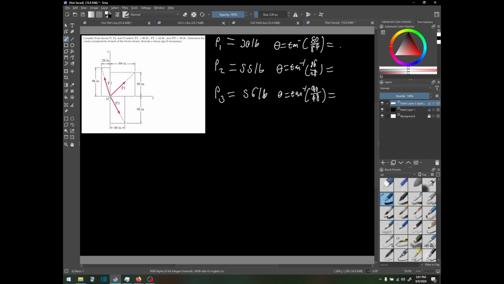And this is going to equal 43.6. This one's going to be 73.74. This one's going to be 61.93 degrees. So now we have all the angles.